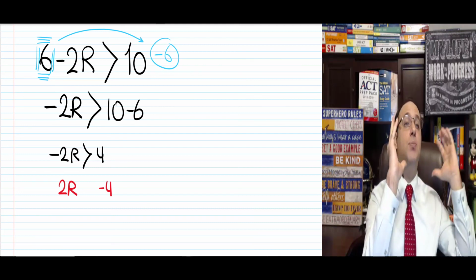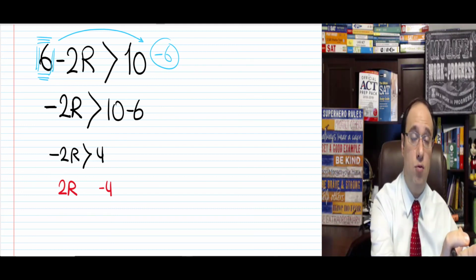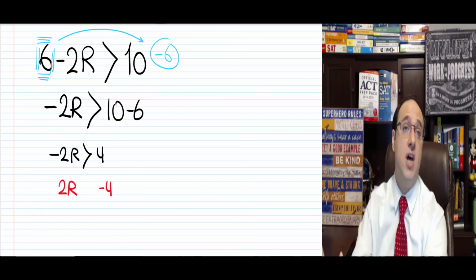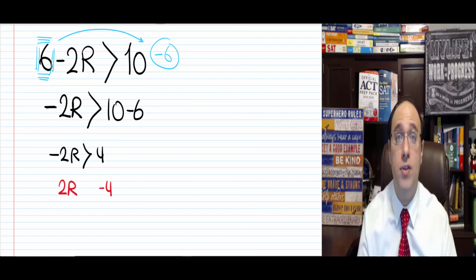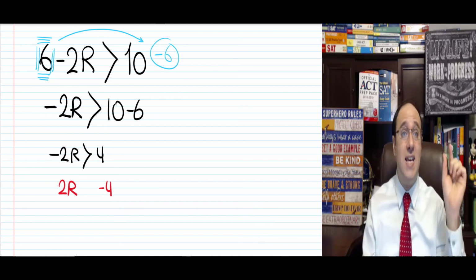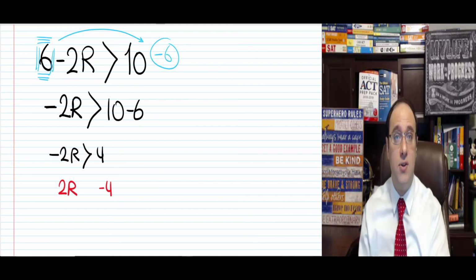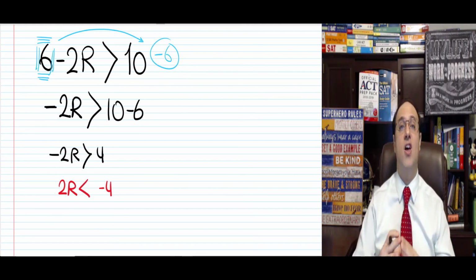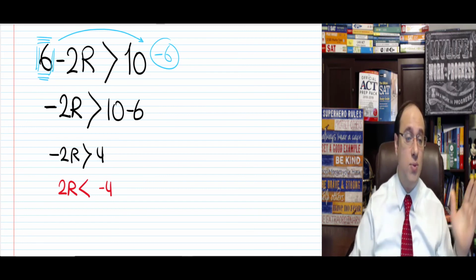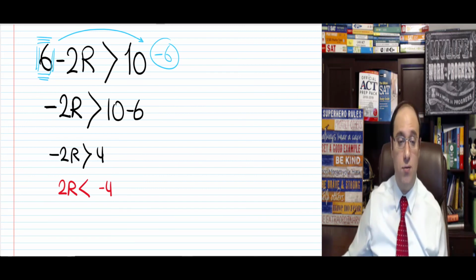I just multiplied the whole left-hand side by negative 1, and I multiplied the whole right side by negative 1. I didn't tell you I multiplied, I just switched or flipped the negative sign, okay? I did not move a number from one side to the other. That's different. So right here, I need to change the relationship. So it becomes positive 2r is less than negative 4.